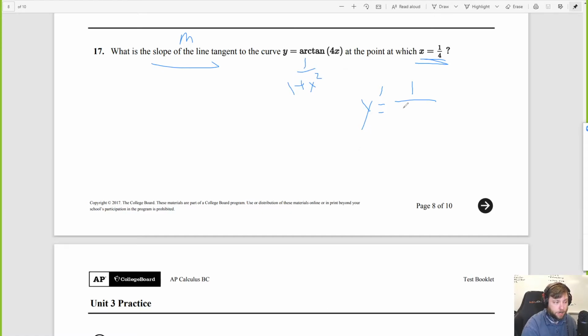I have it memorized, so it's 1 over 1 plus 4x squared times the derivative of the inside. Plug in the 1/4, so y prime at x equals 1/4. It's going to be 1 over 1 plus 4 times 1/4, which is just 1.